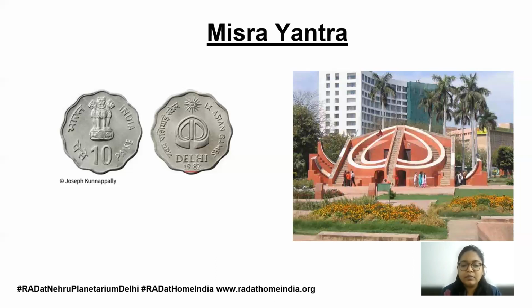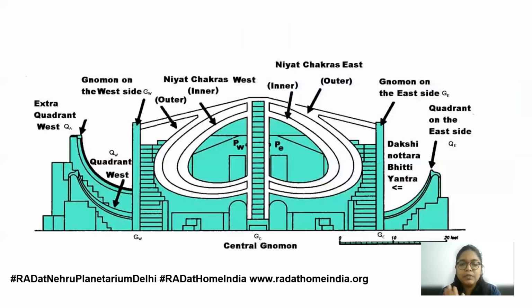So that's Misra Yantra. I've got a small recording of Dr. Ratnashri that I'm going to show. So this is basically the diagram. This is the central new moon, where we actually put a pole and we follow the shadow. And there are niyat chakras. There's this extra quadrant that I was talking about, and the quadrants on the west and the east side.